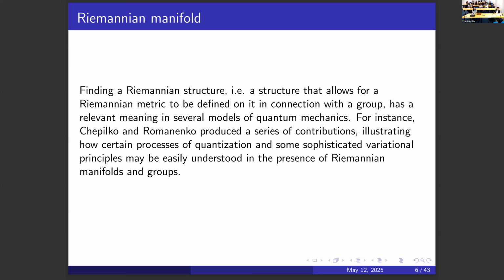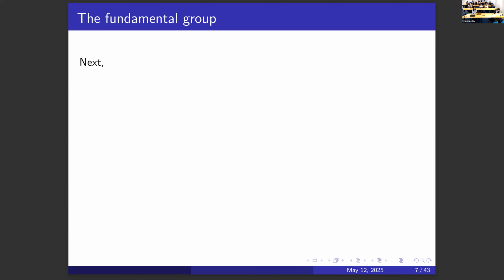Just like you can find in papers by Chikotko and Romanenko, and also quantum mechanics on spaces that have finite fundamental groups are really helpful, in this paper I can send you, in simplifying certain quantization processes. So yeah, such structures can be found in the context of Lie groups, for those interested in Lie theory.